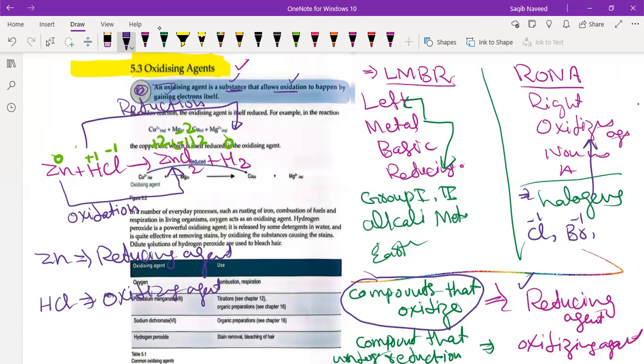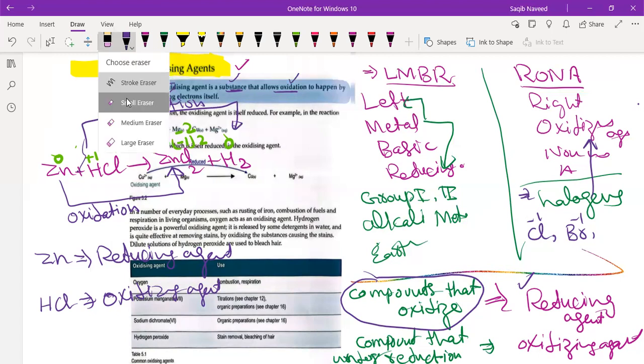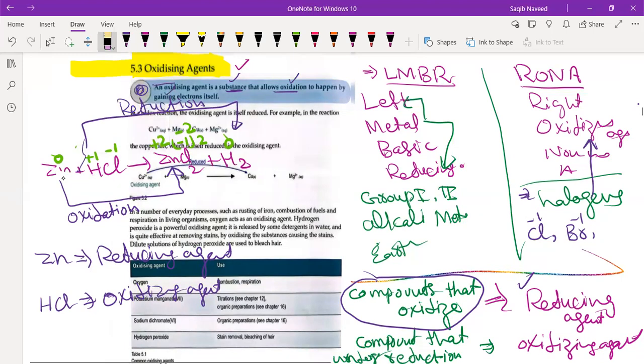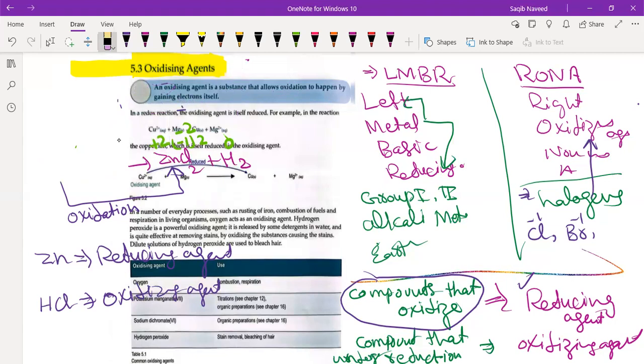So, any question? No. So far, any question? Okay, if I ask you simply, which process happens in oxidizing agents? What will you say? They are going through the reduction process. And where do oxidizing agents exist in the periodic table? On the right side or the left side?